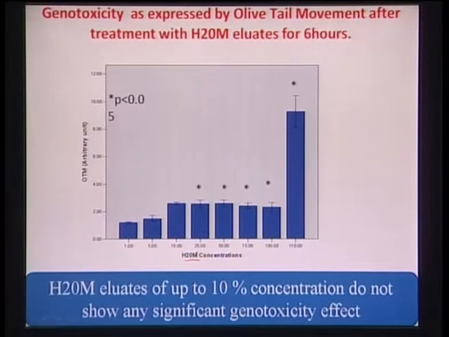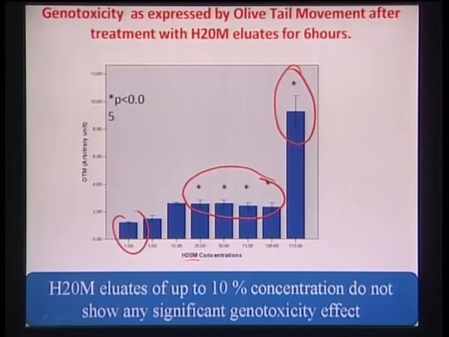Now, if you see, compared to the negative control, both these eluate concentrations greater than or equal to 25%, as well as the positive control, show a statistically significant genotoxic effect, because their damaged DNA length or olive tail moment is much higher.